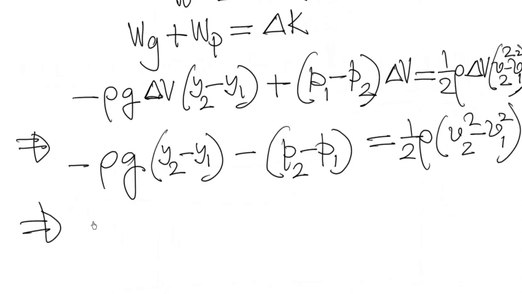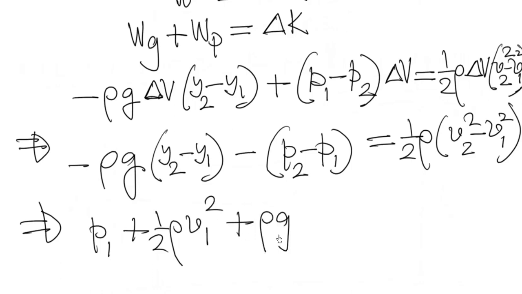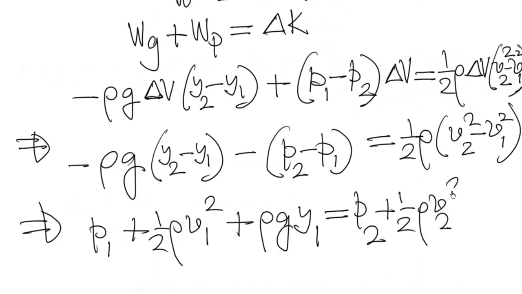This can be written as p1 plus half rho v1 square plus rho g y1 equal to p2 plus half rho v2 square plus rho g y2.